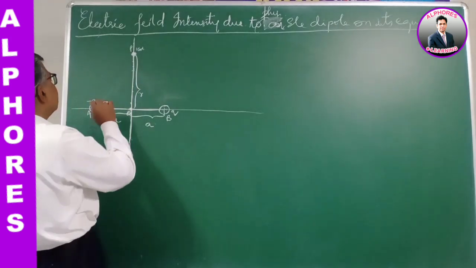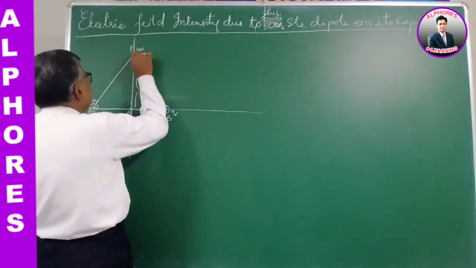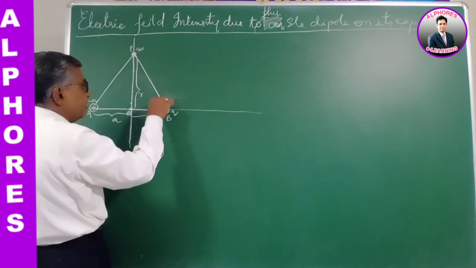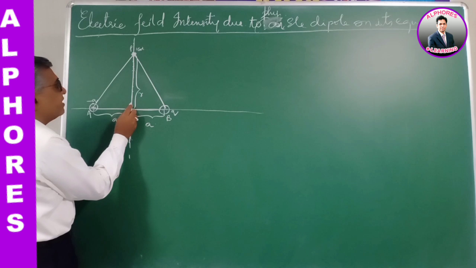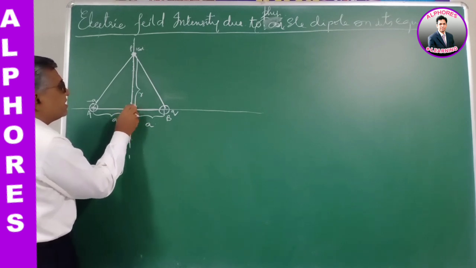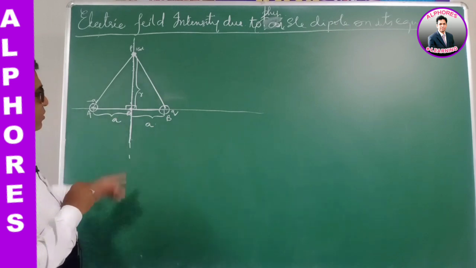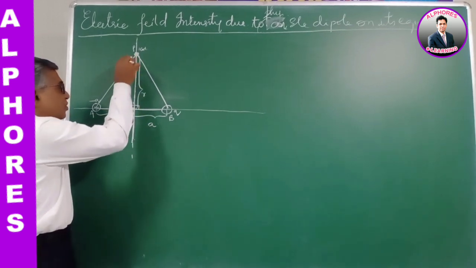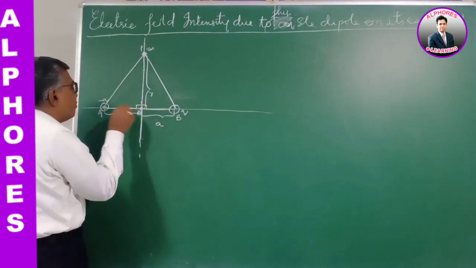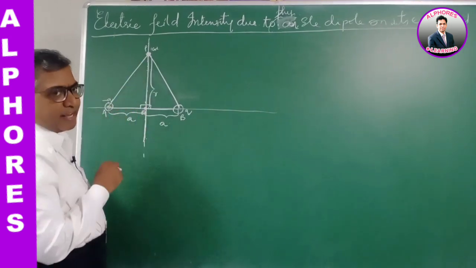Now join AP and join BP. The equatorial line is the line perpendicular to the axial line, so r and a are perpendicular. So OAP forms a right angle triangle.